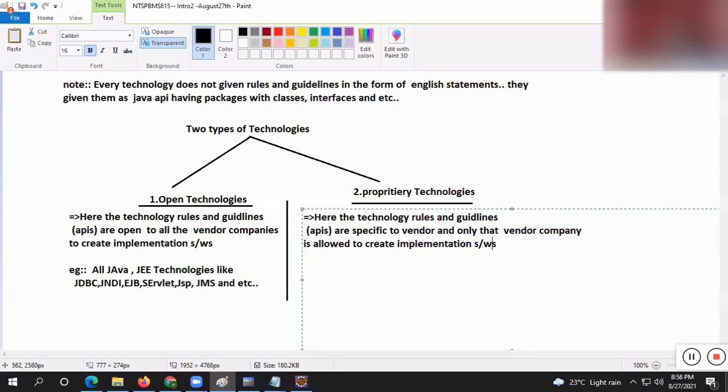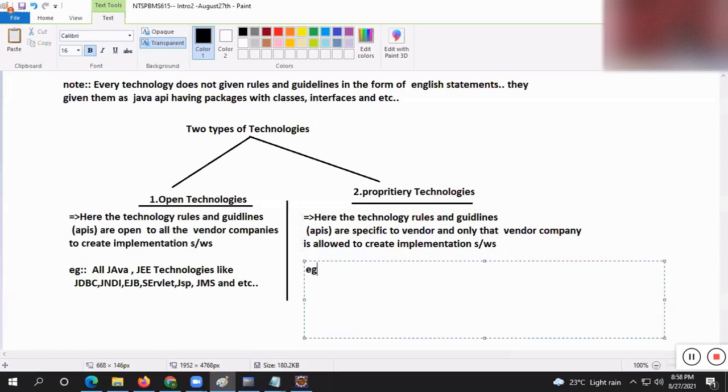Examples: all Microsoft technologies, ASP.NET, VB.NET, etc. Everyone getting my point, guys?